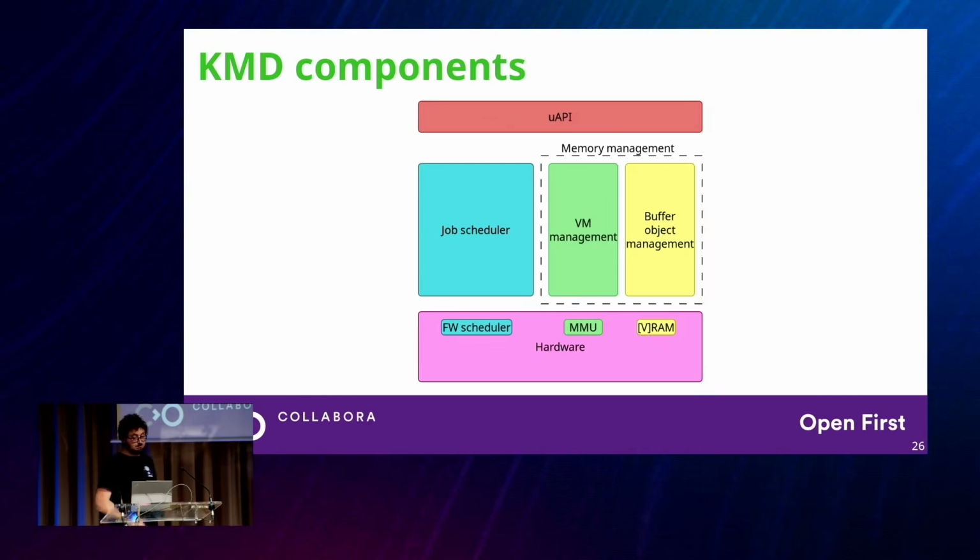And yeah, each of these components actually maps to hardware components. For VM management, it's the MMU. For buffer object management, it is either the system RAM if you are in a UMA architecture, or the video RAM if you are on a discrete GPU with its own memory.